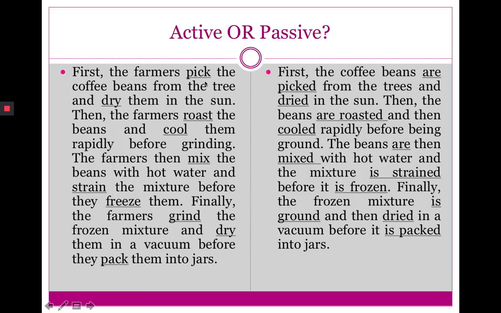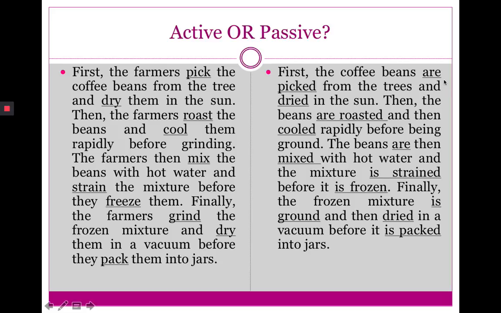Instead of having a verb in the form of present tense, now you have a verb in the form similar to past tense. But this is not past tense. This is what we call past participle. So you can see that for this kind of verb, it's very similar to past tense.